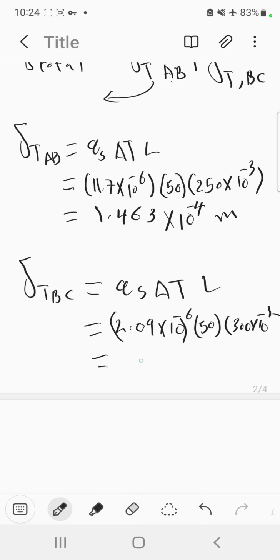So we know the delta is 3.135 times 10 to the power minus 4 meter.